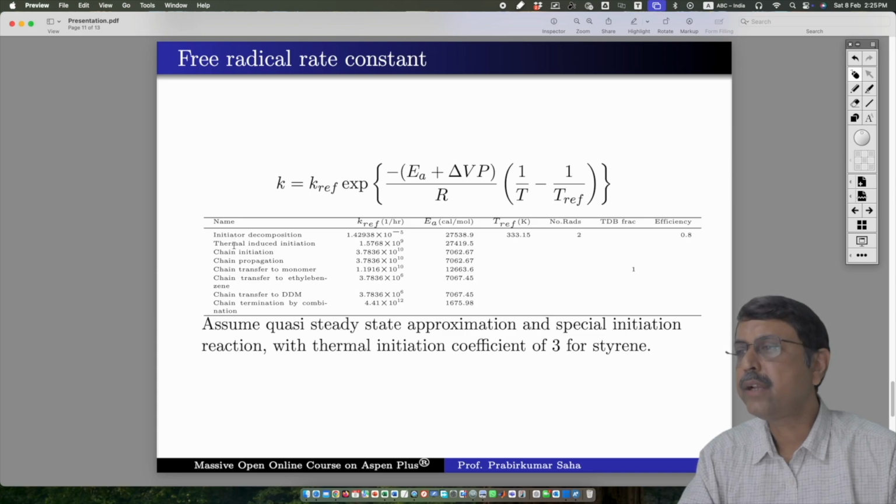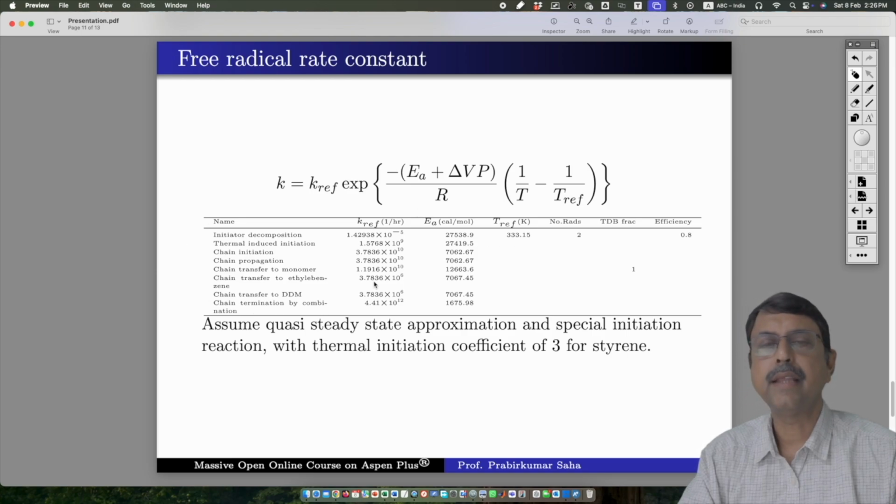Now these are the set of reactions. The first reaction is initiator decomposition. TBP is the initiator, so it dissociates or decomposes. Then there is thermal induced initiation, chain propagation, chain transfer to monomer, chain transfer to ethyl benzene, chain transfer to DDM, chain termination by combination.